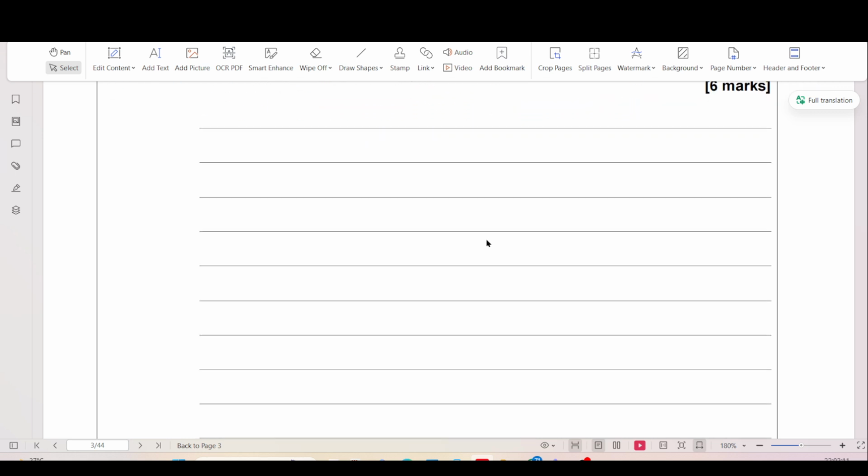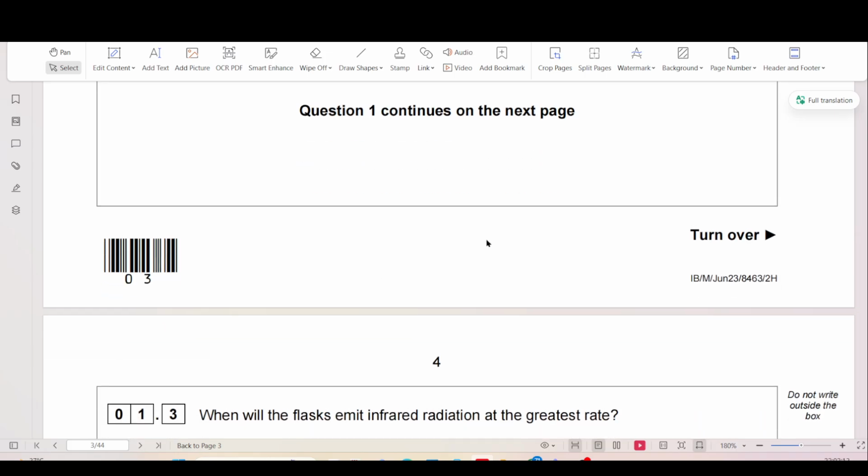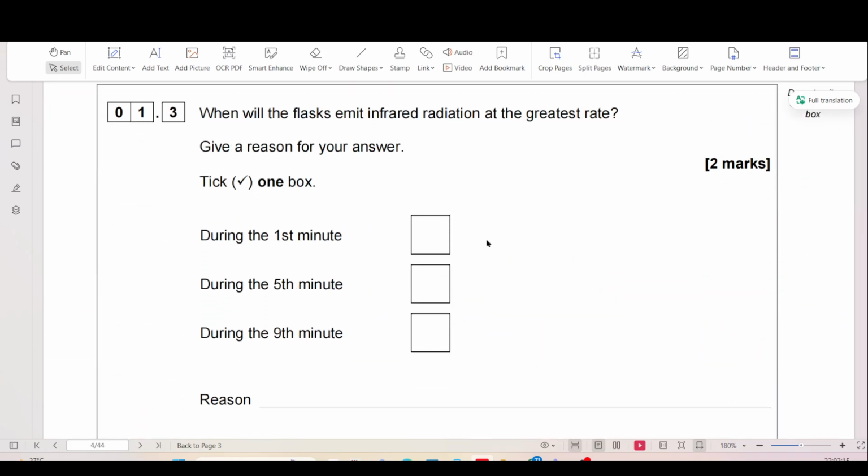When will the flask emit infrared radiation at the greatest rate? Is it the 5th minute or the 9th? Yeah, during the first minute, right?